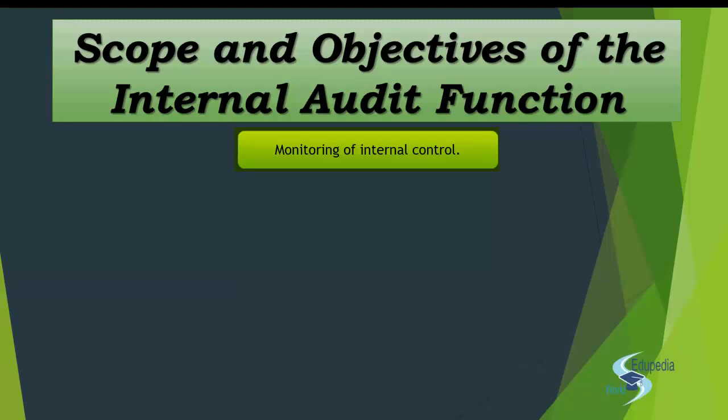You are supposed to review the controls that have been implemented by the management, whether or not they are able to achieve the objectives, the targets for which they have been prepared. That is what you have to review. And then whether or not they are functional throughout the period consistently, that is what you have to monitor. The operations of the controls is what you have to monitor, right?